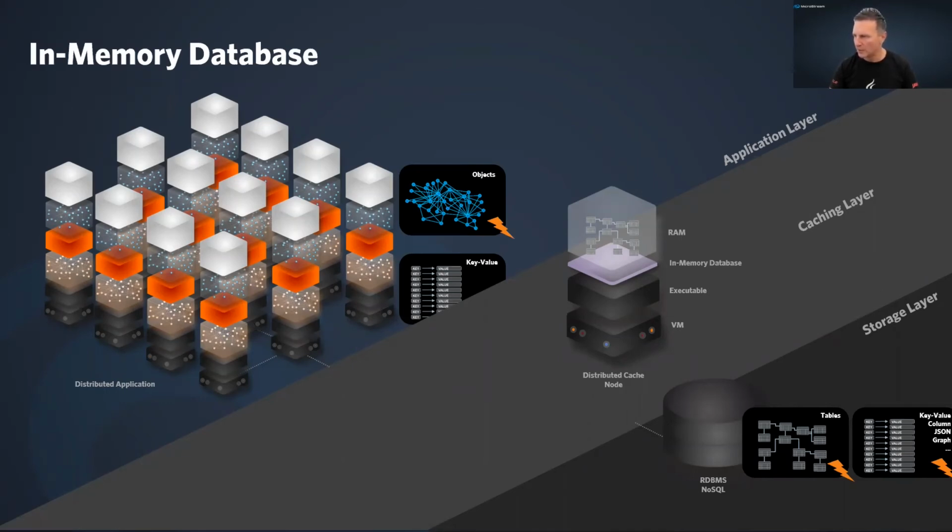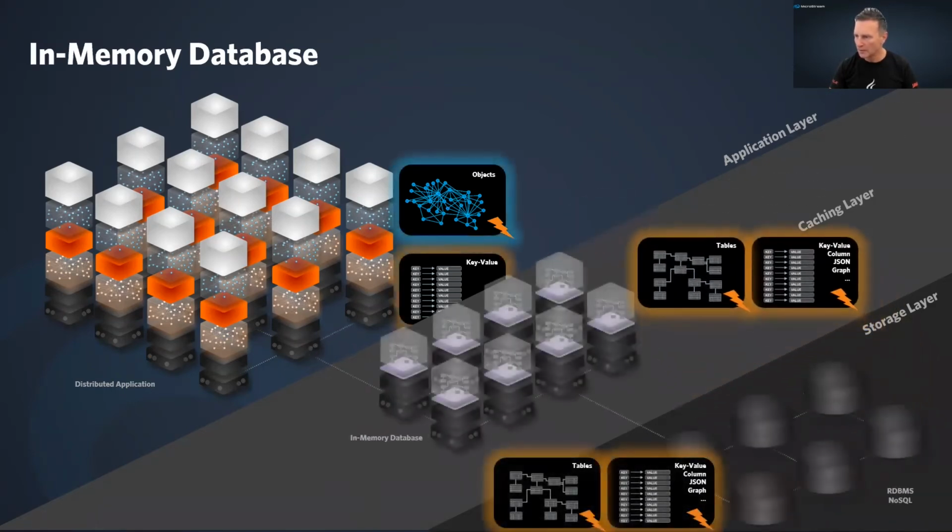So we have here a caching layer or the in-memory database layer, and we run the in-memory database cluster between the application and our traditional database cluster. Then when we need fast access, we hit the in-memory database. And if data changes, then it will be stored in the traditional database you run as well as a backup.